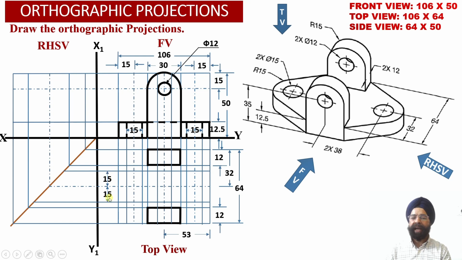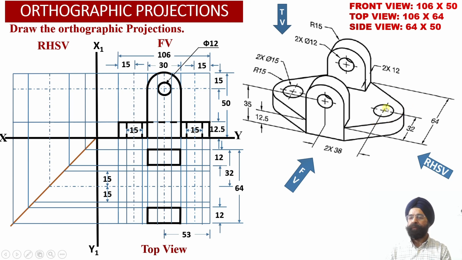We have marked two horizontal projector lines which are at a distance of 15 millimeter towards the front side and 15 millimeter towards the rear side, so that these 2 points on the left side are obtained, so that we can mark this curve having radius equal to 15 millimeter towards the left hand side portion of the solid. Similarly, we will be able to mark these 2 points corresponding to the circular portion.